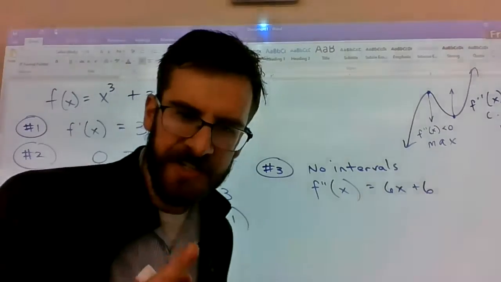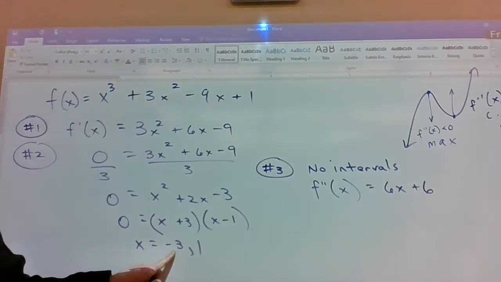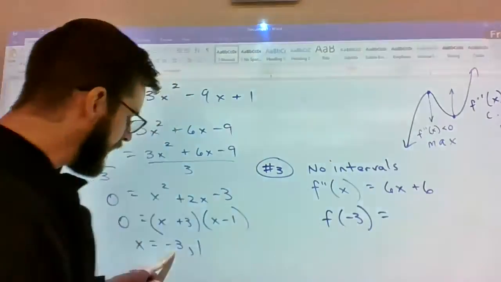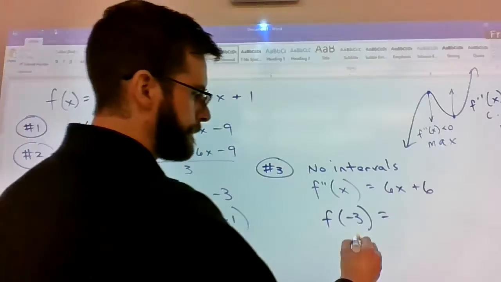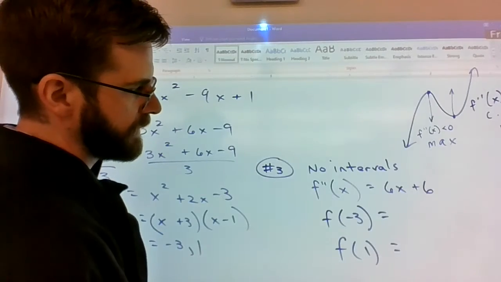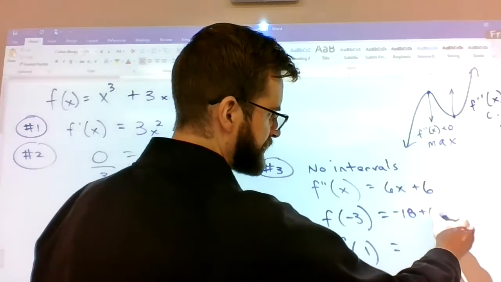And then you test the critical numbers that you got. So we're testing negative 3, and we're testing 1. So 6 times negative 3 is negative 18, plus 6 is negative 12.